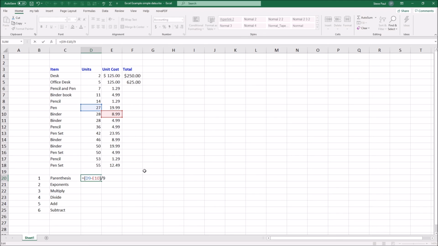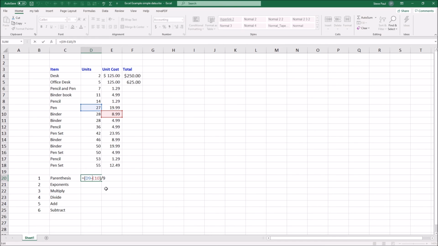Right, like this. And now we're going to hit enter and see what we get. And we get 2. This is because we did the parentheses first, so it did a subtraction first, and then it divided by 9.